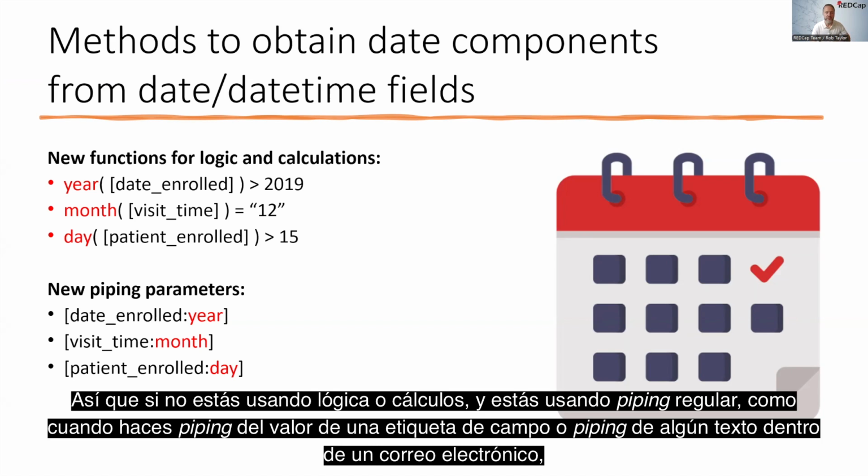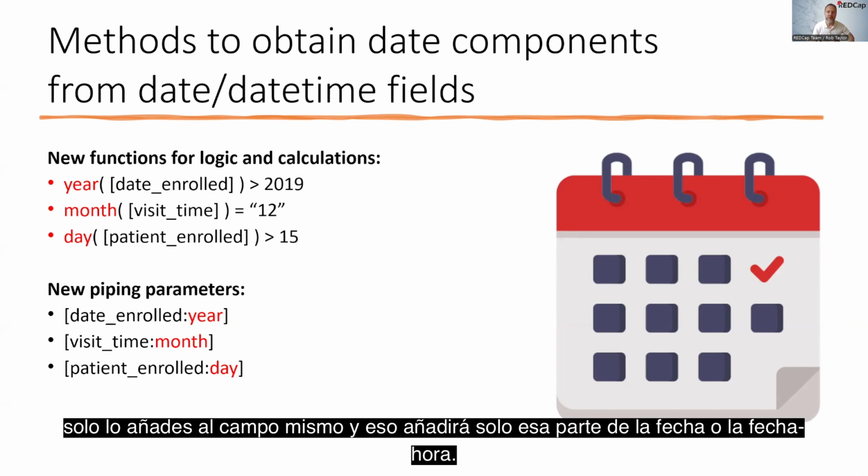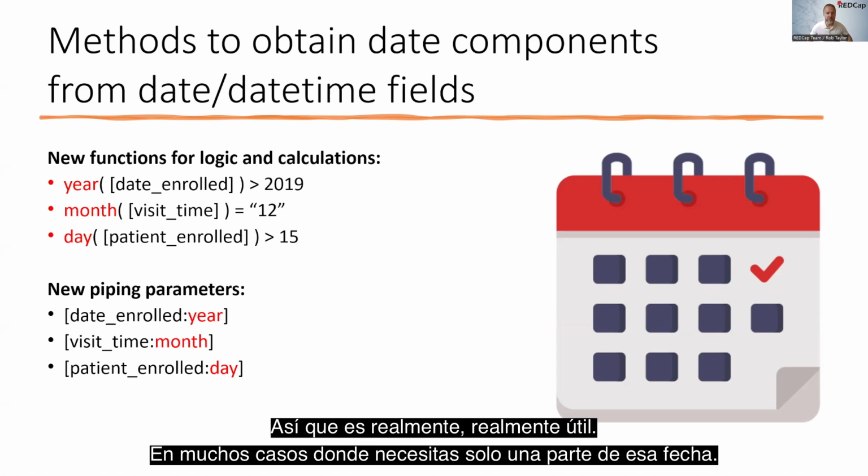So if you're not using logic or calculations, but you're just using regular piping, like piping a field label or piping some text inside an email, you can utilize this using the colon year, colon month, or colon day. Just append that onto the field itself, and it will append only that portion of the date or date time. So it's really, really helpful in a lot of cases where you need just a part of that date.